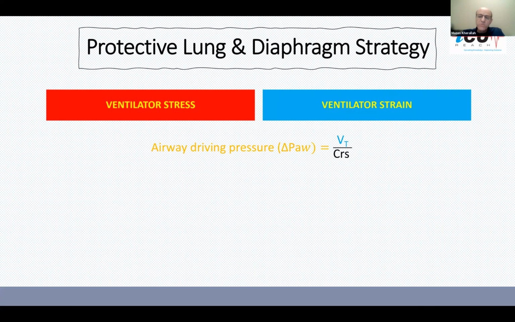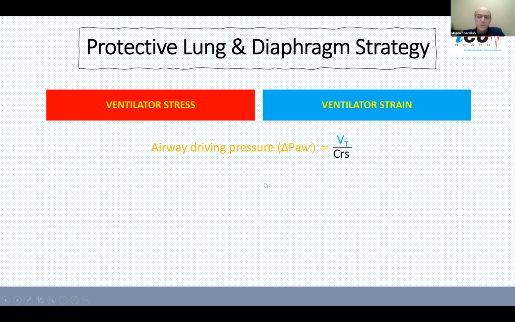And we've been concentrating too much on the lungs, and we try to avoid very excessive stress on the lungs in order to limit the ventilator strain that can result because of this stress.